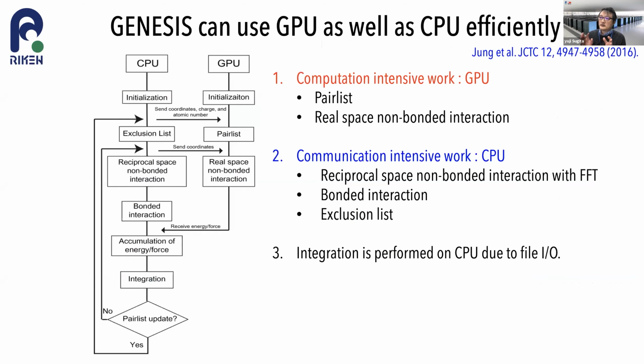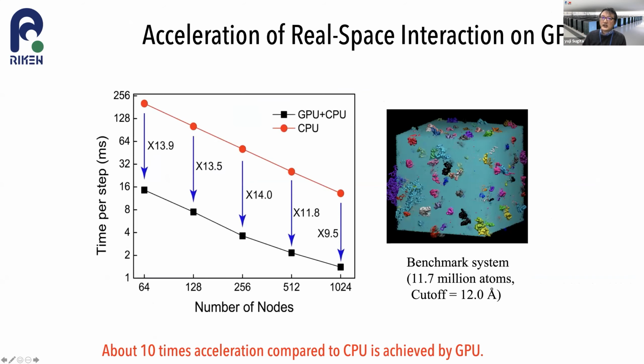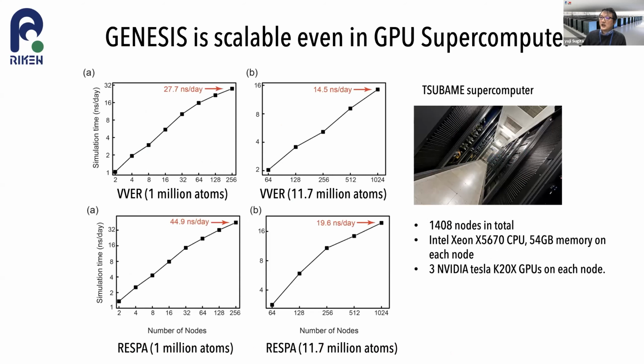GENESIS is also available on parallel GPU computers. In our implementation, we use both CPU and GPU. The communication-intensive work is done on the CPU, but the non-bonded real space calculation is done on the GPU. Again, we can achieve very good scalability, in particular on the GPU part, and the total performance is also quite scalable on the GPU cluster Tsubame.